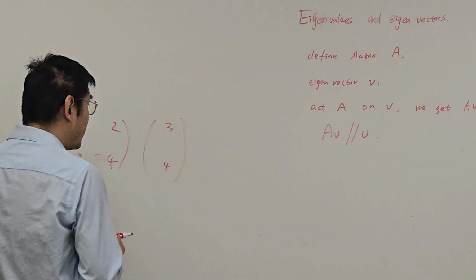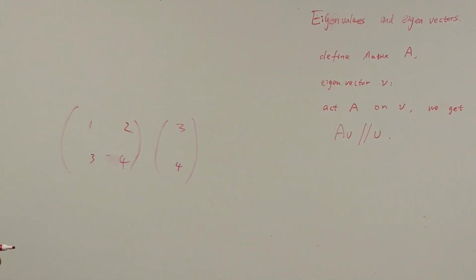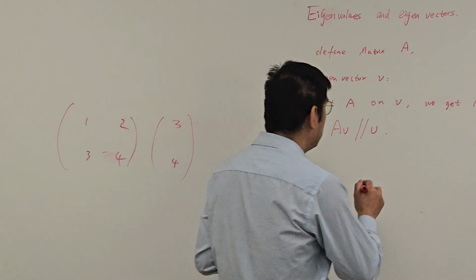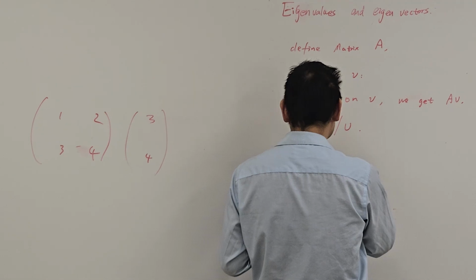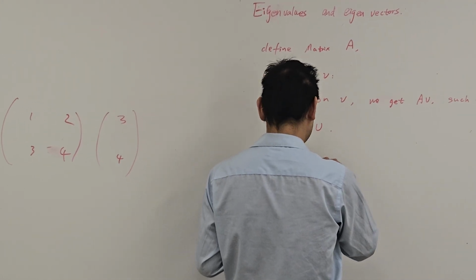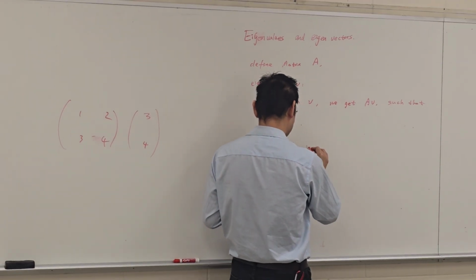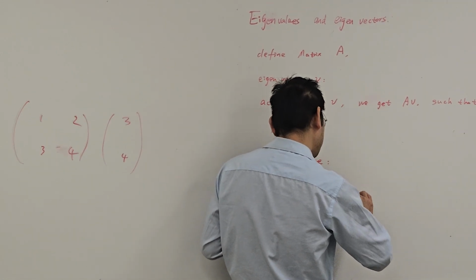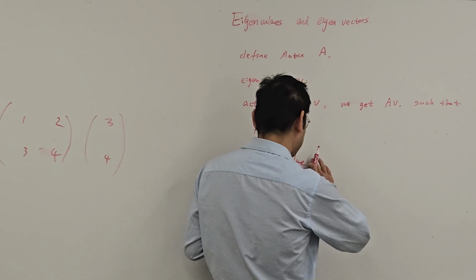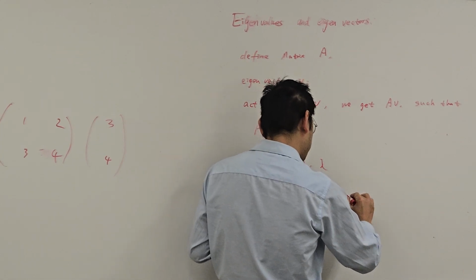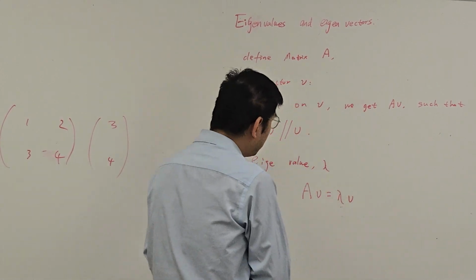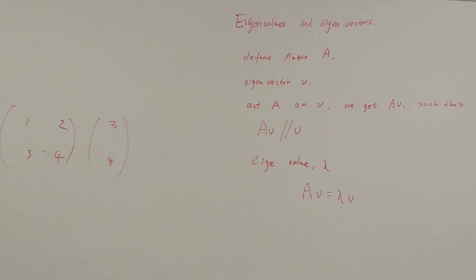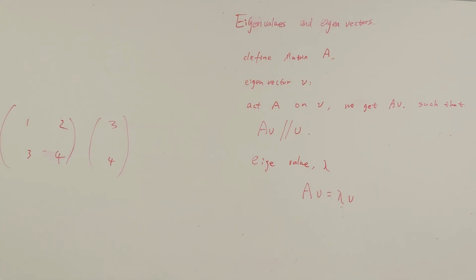So the thing is, how do I find it? And to be more specific, if I have A V equals lambda times V, if you're acting A on this eigenvector V, it scales the vector by a number lambda that's called the eigenvalue.